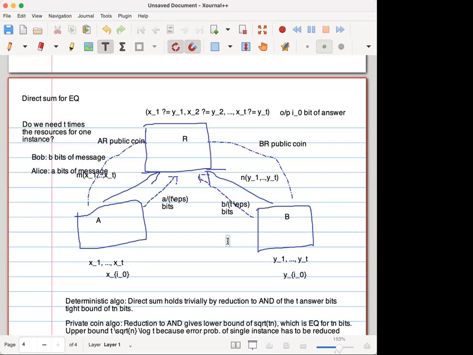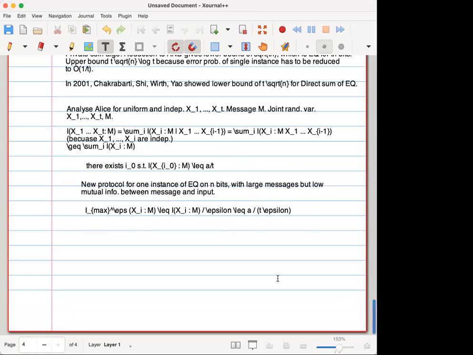So this is actually, Shantan, what you were referring to last time. We'll have to see this in some detail. So let's come to the next step. The newer protocol with short messages is a by t epsilon.